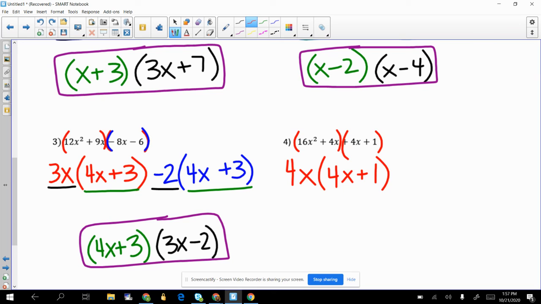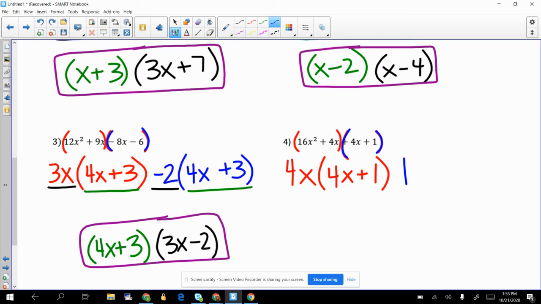Okay. Then in this next one, 4x plus 1, can we take out anything? If you can't take out anything, like we can't take out an x because they both don't have an x, we can't take out a 2, we can't take out a 4, you're going to want to put a 1, because what you're technically taking out is a 1.